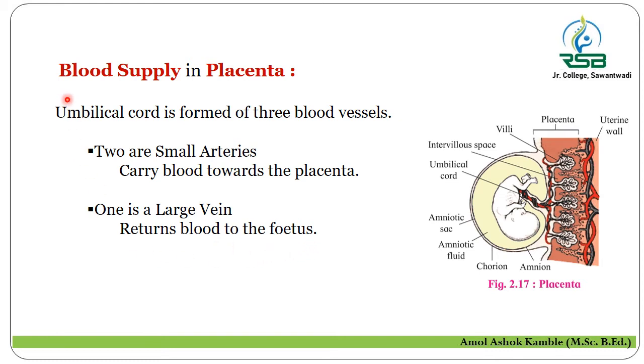So it is all about the blood supply in the placenta.